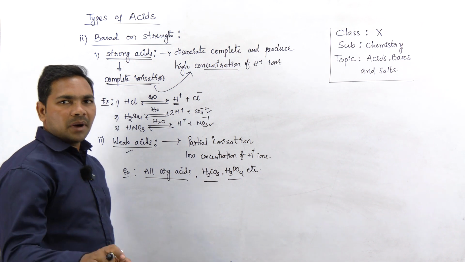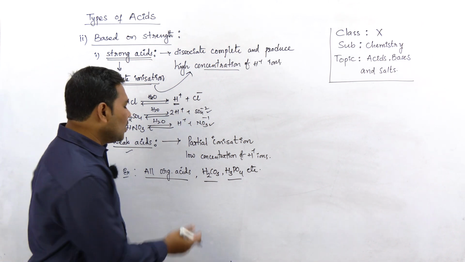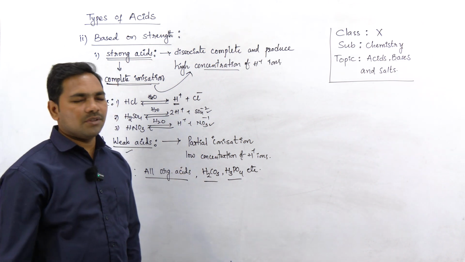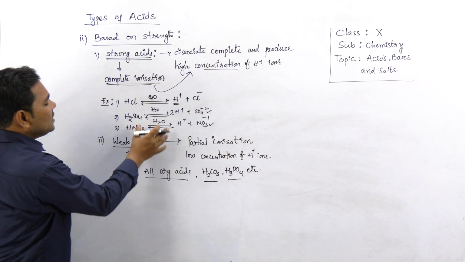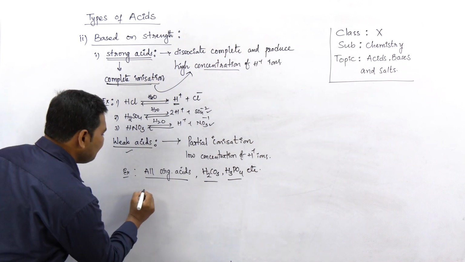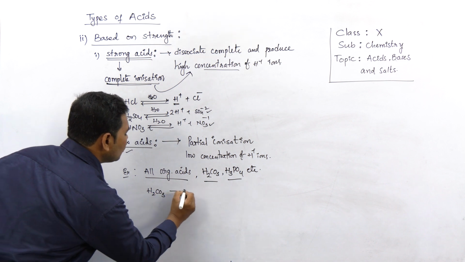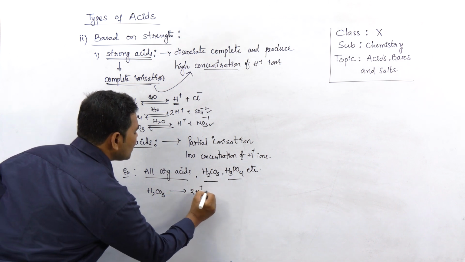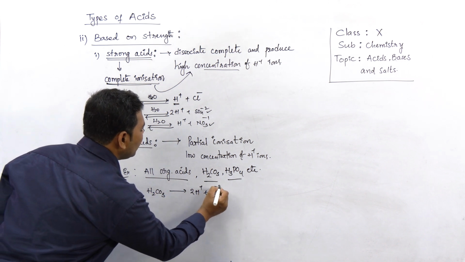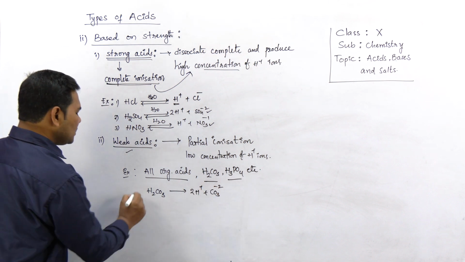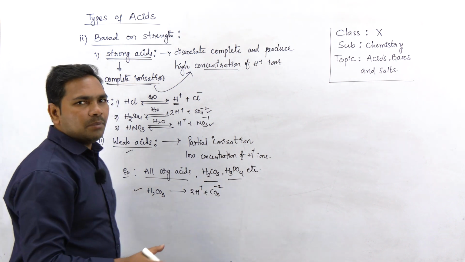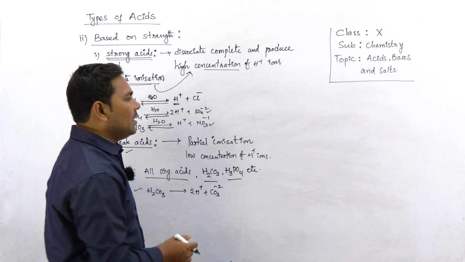They undergo partial ionization and produce a low concentration of H+ ions. Now let us understand what this ionization is. If I take H2CO3, it produces hydrogen ions along with the carbonate ion, CO3 2- ion, right?